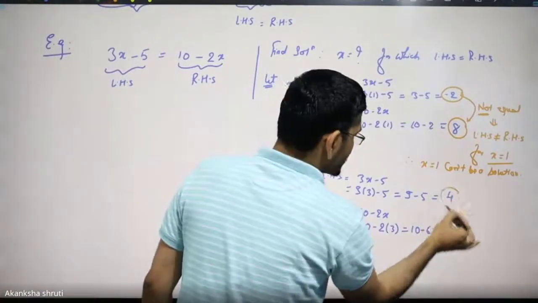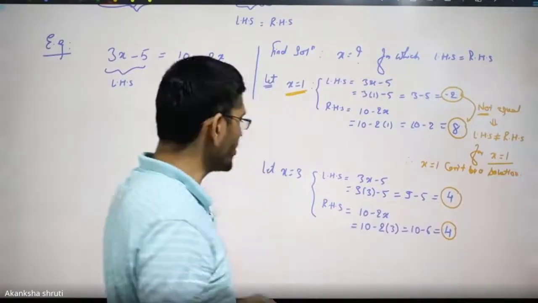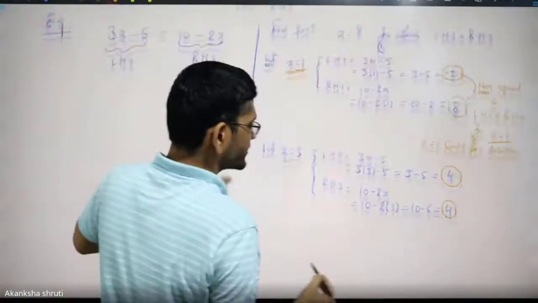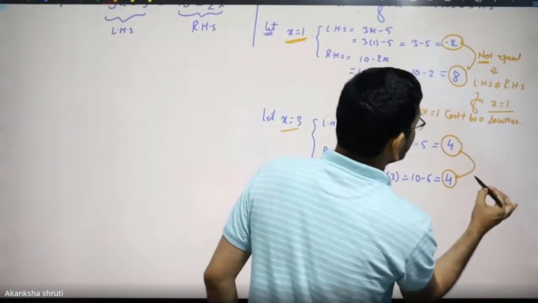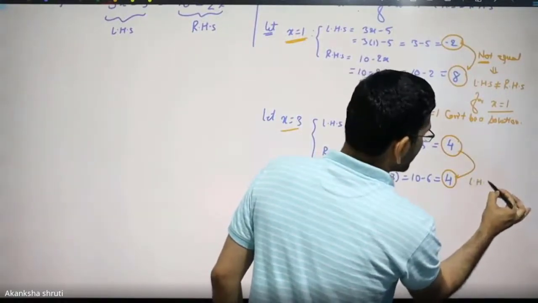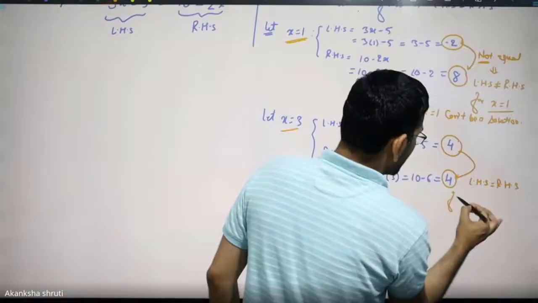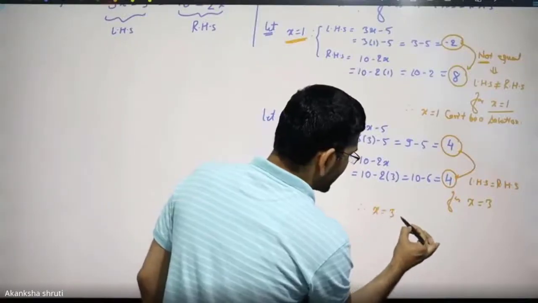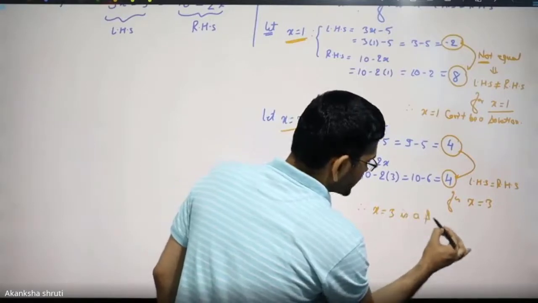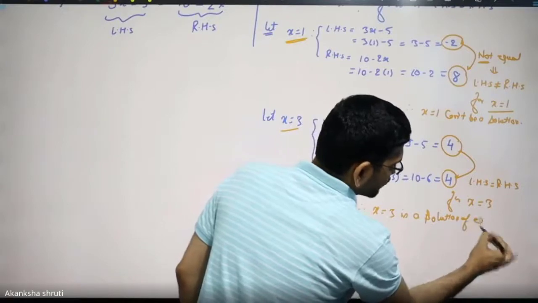Very interesting thing. The LHS and RHS have the same value 4 for x equals 3. So what can we write here? From here we can say LHS is equal to RHS for x equals 3. Therefore, x equals 3 is a solution of the given equation.